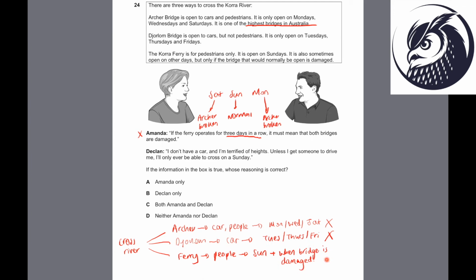There might be another day when the bridge is broken that he then can cross via the ferry. So again, Declan's wrong in assuming that he can only go across the river on a Sunday. He could totally cross via the ferry on one of the days that the bridge is damaged, for example, on a Monday. So therefore, again, Declan's incorrect. And so in this case, neither Amanda nor Declan have made a correct statement. So the answer option is D.